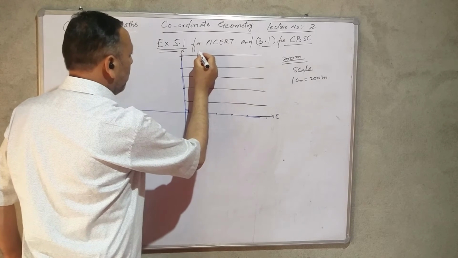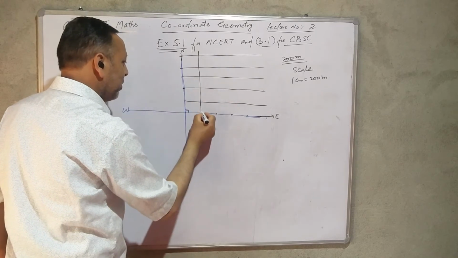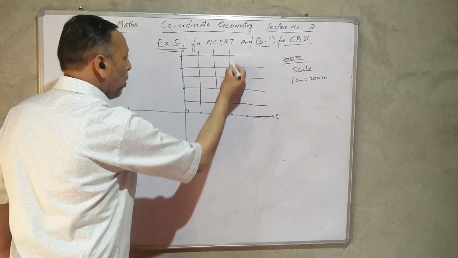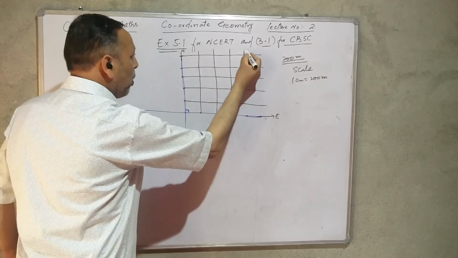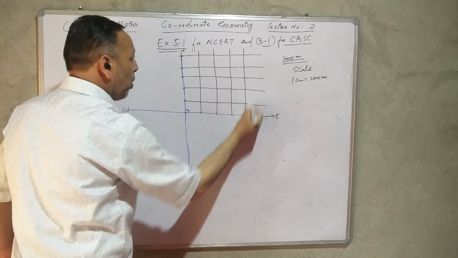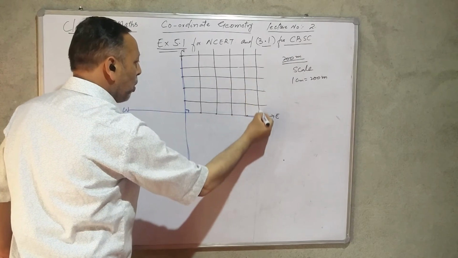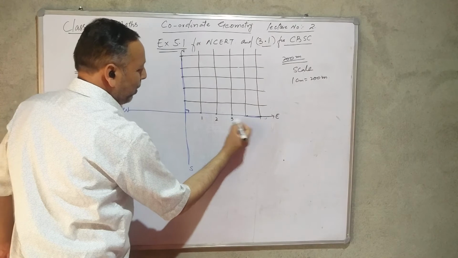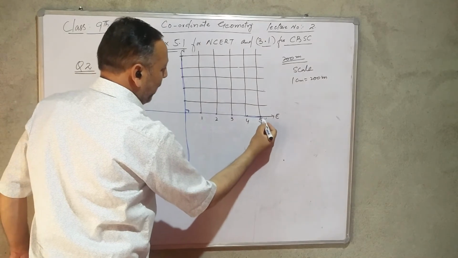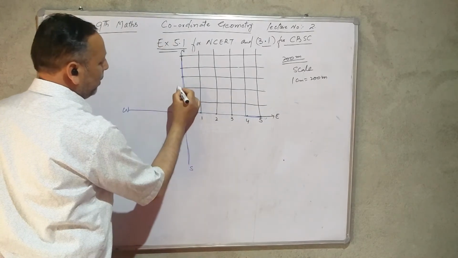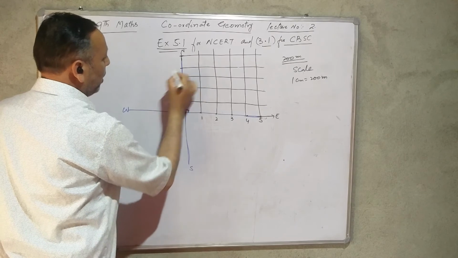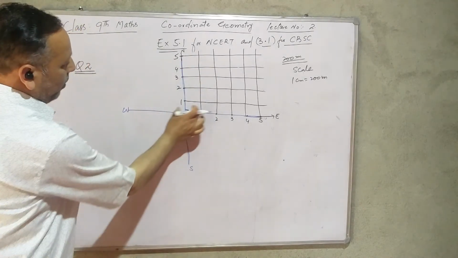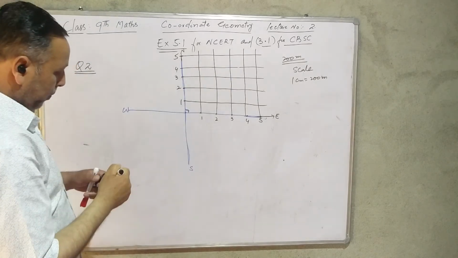And from here, you also draw parallel streets. This is street number 1, street number 2, 3, 4, and 5. These are 5 parallel streets.